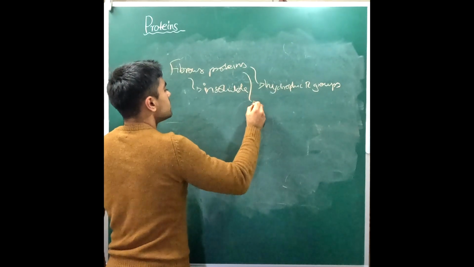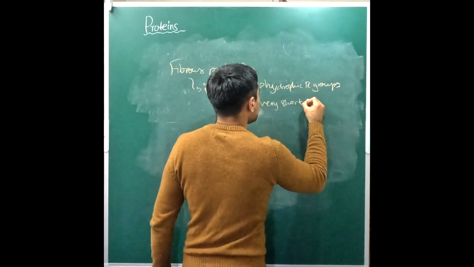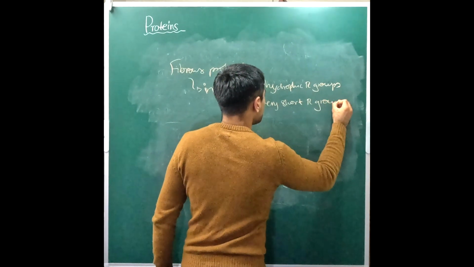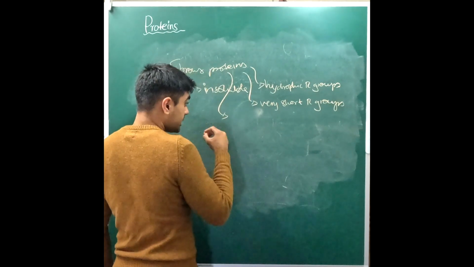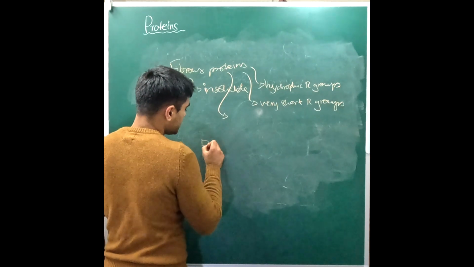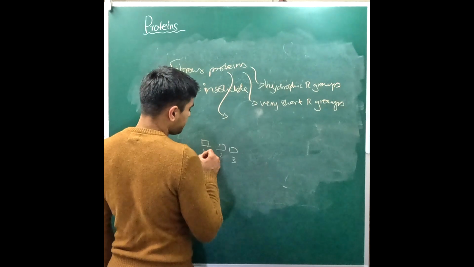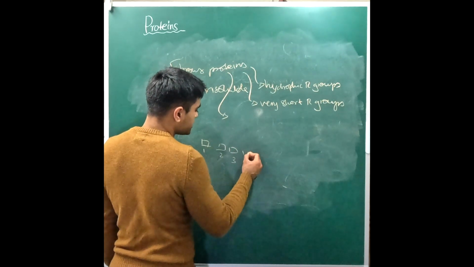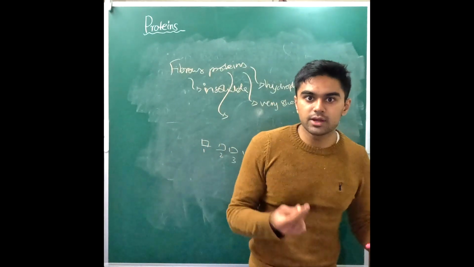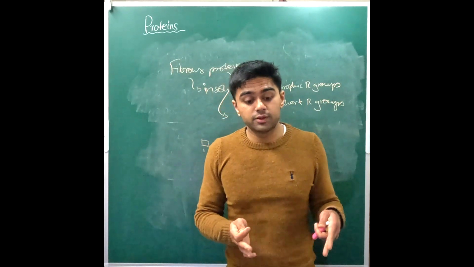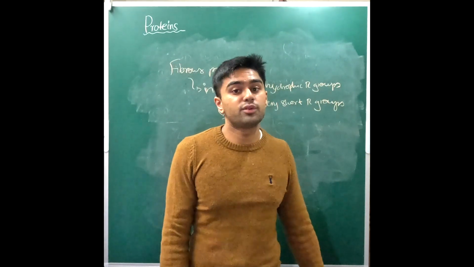Their R groups are generally very short. The pattern of amino acids, so amino acid 1, amino acid 2, amino acid 3, is very repetitive. So this will repeat again, 1, 2, 3, 1, 2, 3, and so on. So the actual amino acids being used, the R groups, are very repetitive. So you might have 1, 2, 3, 4, and then again 1, 2, 3, 4, and so on.